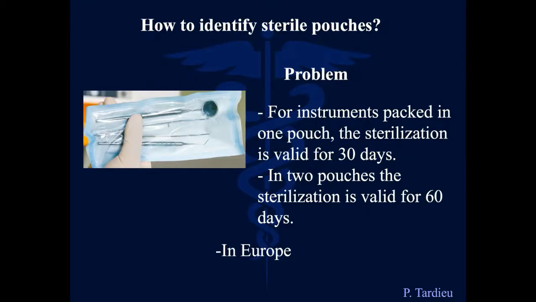So the way to use the envelope, to make the sterilization, and to store the sterile instruments may induce a different kind of validity time. So this needs to be decided case by case for each of you in a real way.